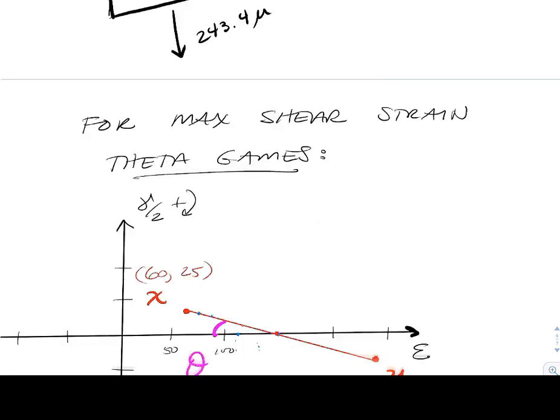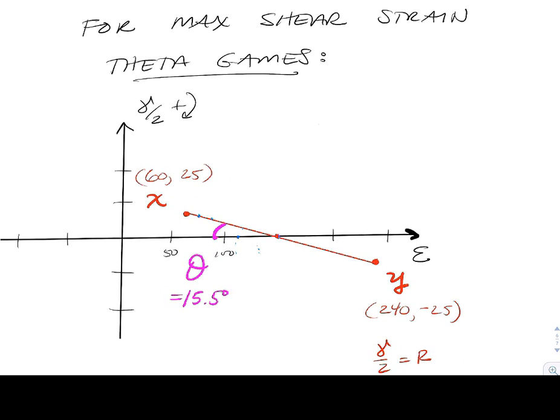To find theta s, let's just go right back to some theta games. And so there would be our state of strain. There's the pink theta that we calculated. What we want to do is take that initial state of strain and rotate it to the up and down orientation.